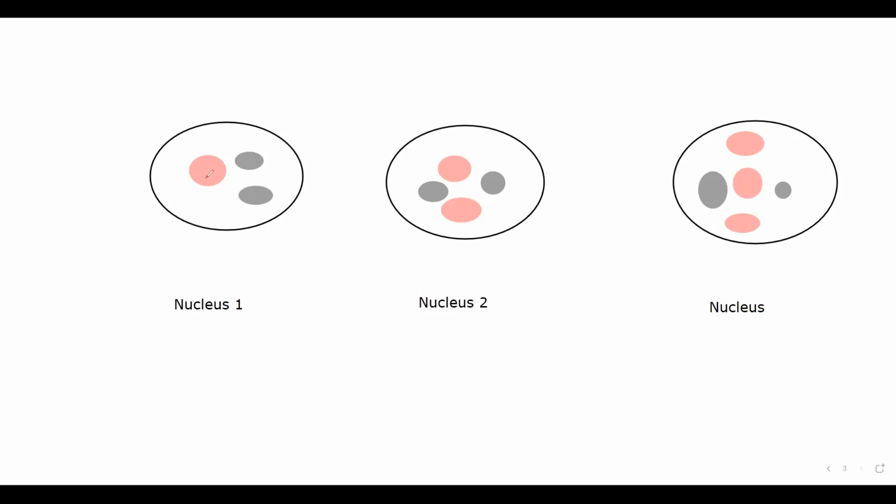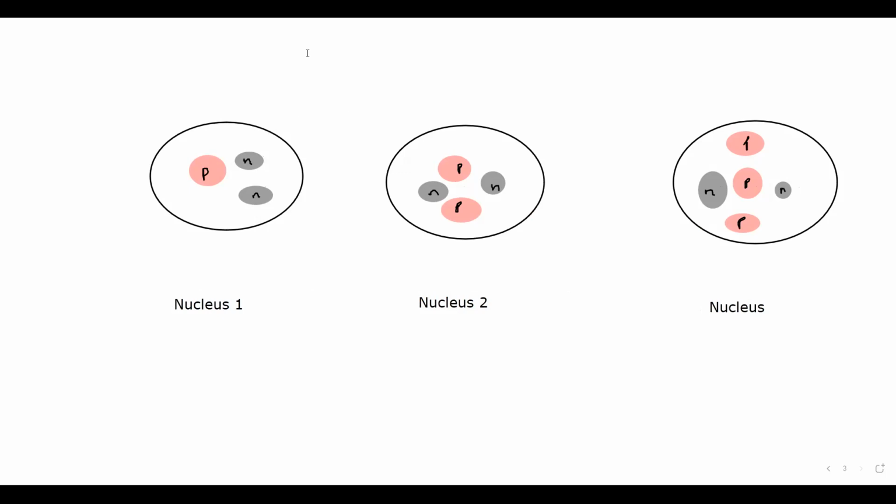The pink shade is representing a proton, and the gray shade is representing the neutrons. So my question is, are they isotopes?